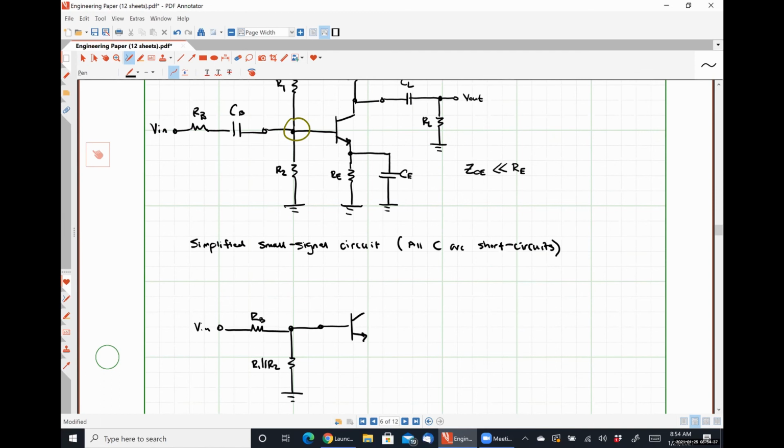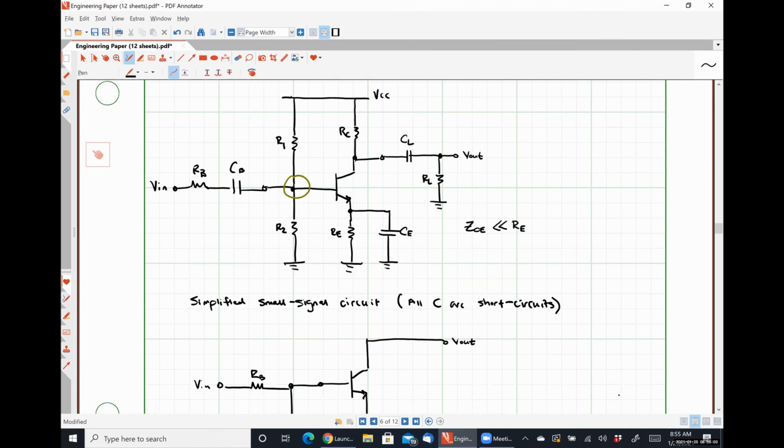Because I'm assuming that my capacitors are short circuits, I do not have emitter degeneration anymore, and so my emitter is effectively shorted to ground. Here's my output voltage. All right, so what's going on with our resistors RC and RL?